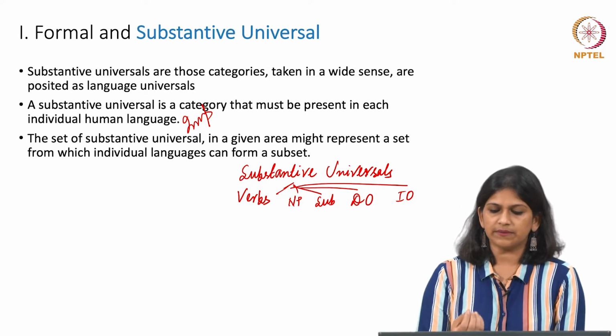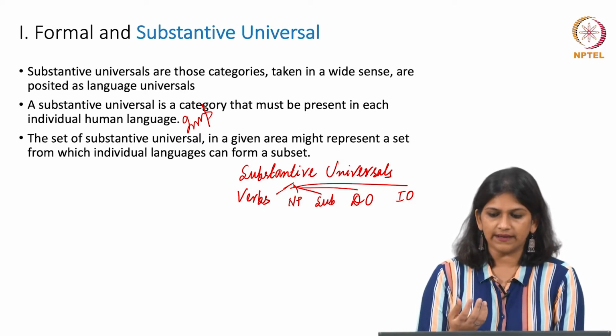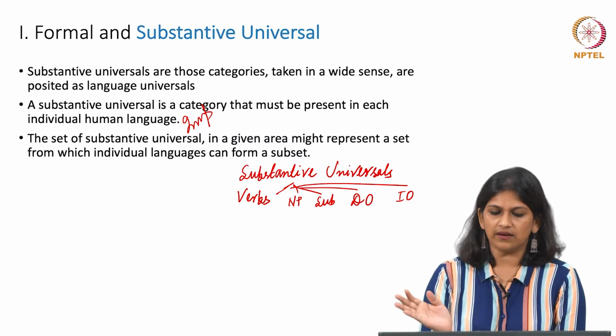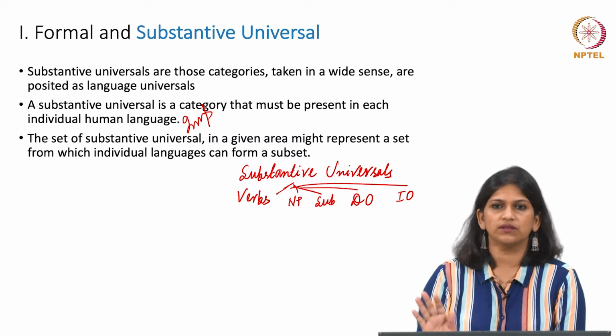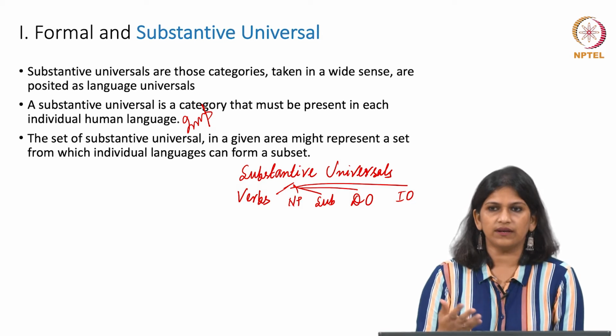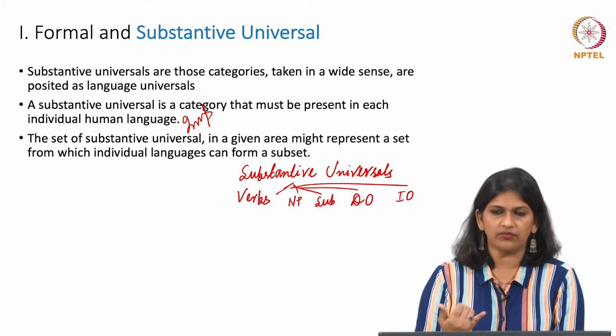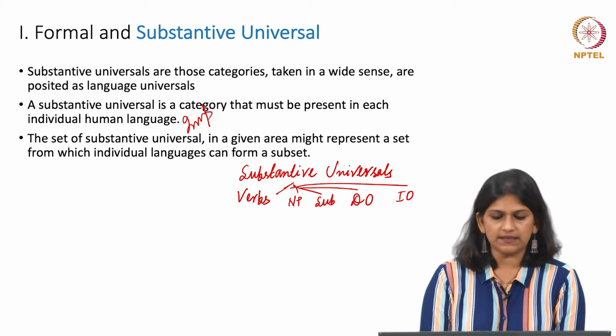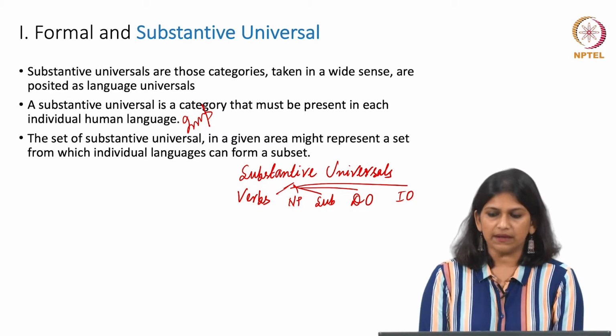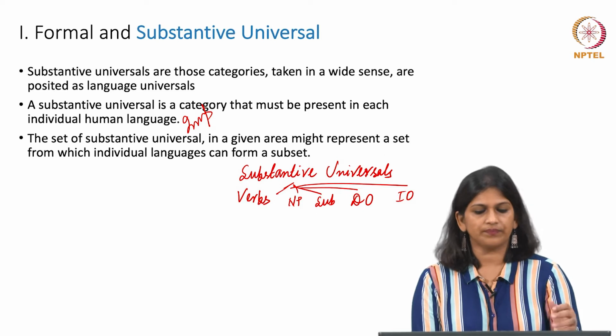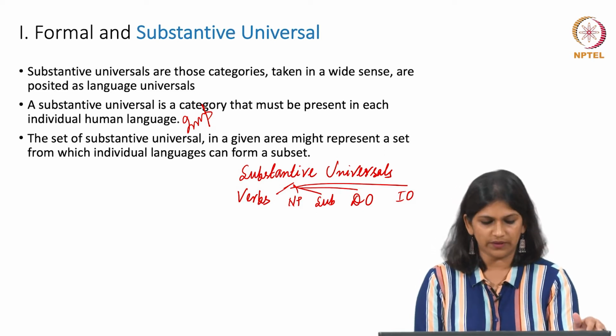Substantive universals are basically categories, and what categories? The categories which are found in almost all the languages in the world. Then we call it substantive universal. So, we have verbs, noun phrases, subject, direct object, indirect object. These are the substantive ones, and it must be present in each individual human language.